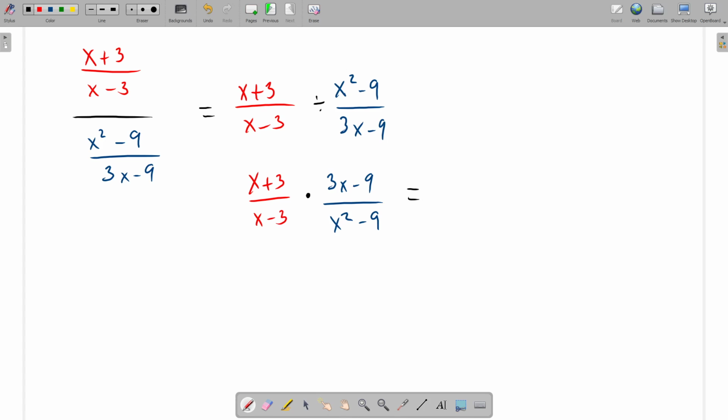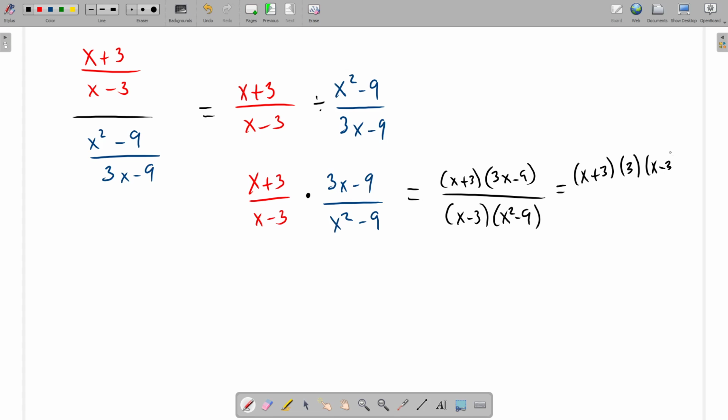Okay, so we multiply straight across, but we don't actually FOIL or anything. We just put x plus 3 times 3x minus 9. And in the denominator, we have x minus 3 times x squared minus 9. Now, it might look like right now nothing's going to cancel, but we haven't tried factoring any of these terms. Okay, so if we factor this 3x minus 9 in the numerator, we now have x plus 3 times 3 times x minus 3.